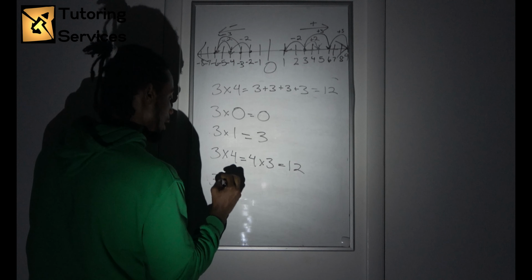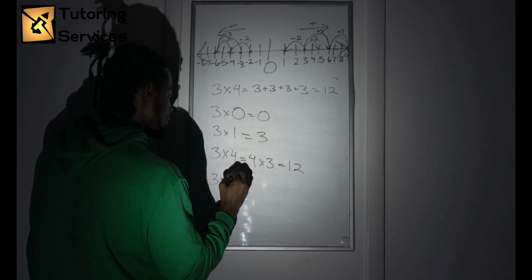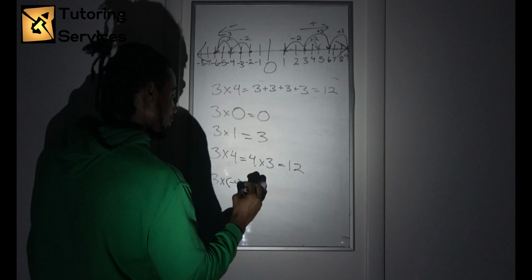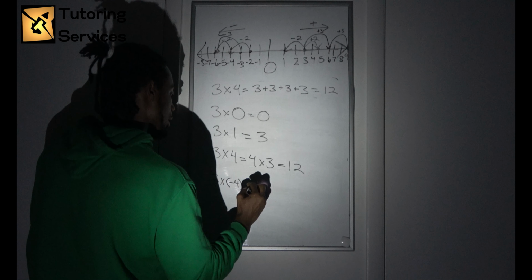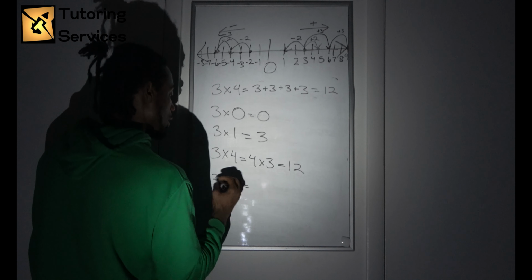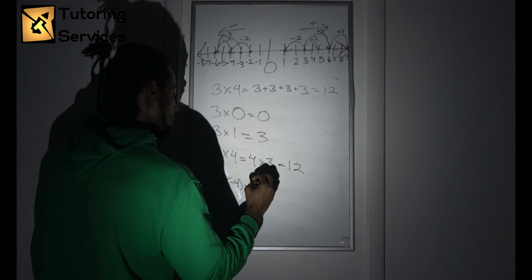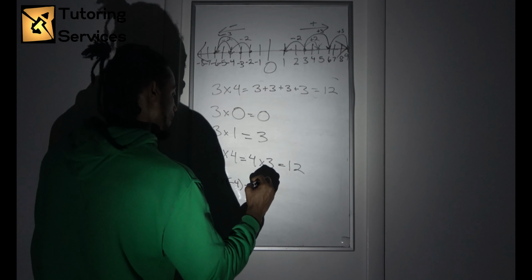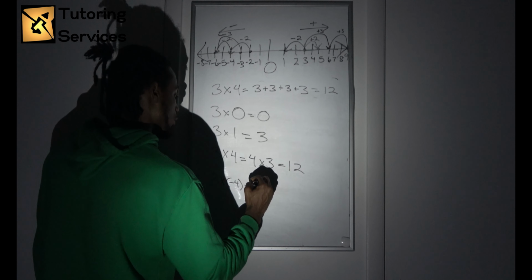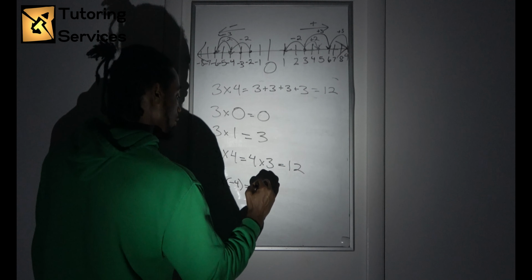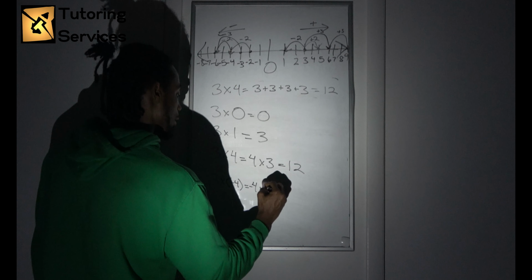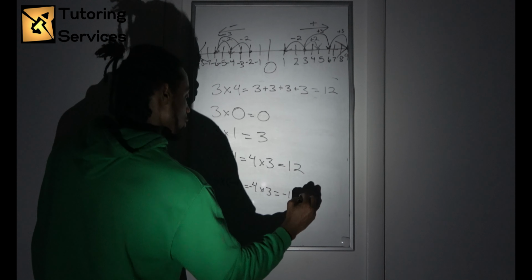And also, anytime you multiply by a negative number, you'll end up with a negative for that number. So in this case, you can invert it and have -4 times 3, which equals -12.